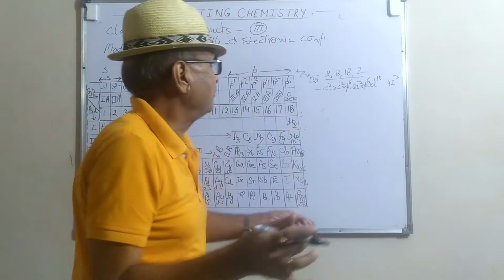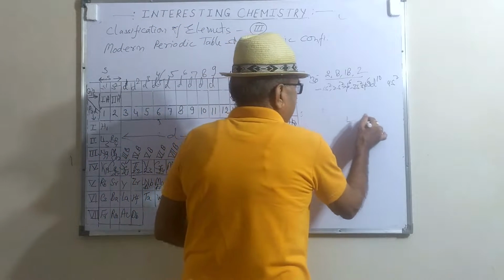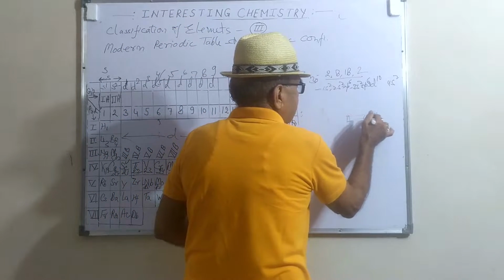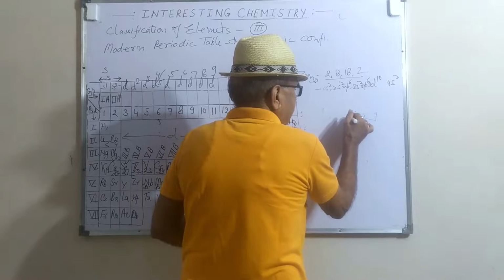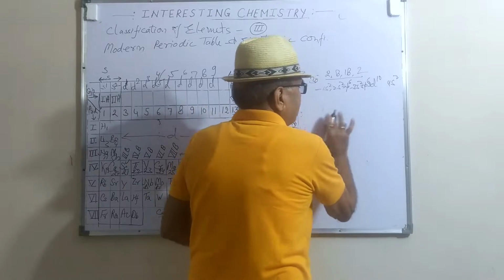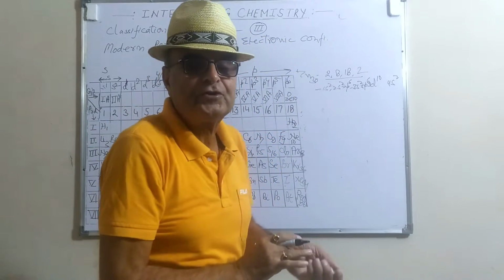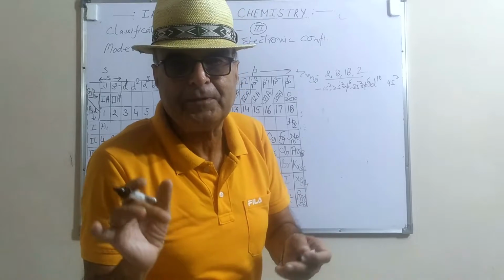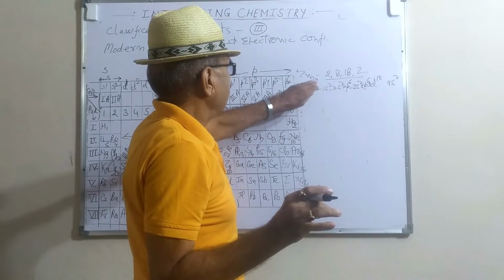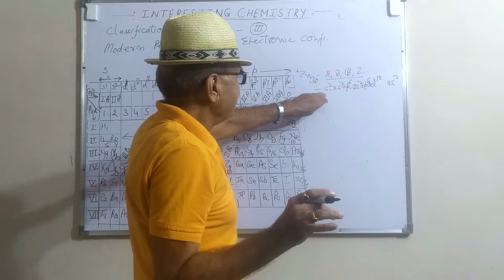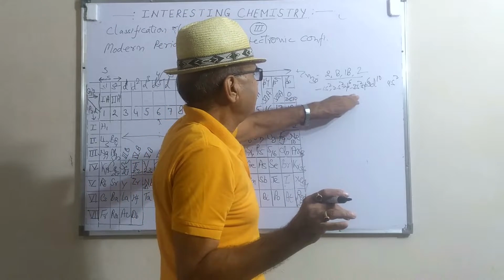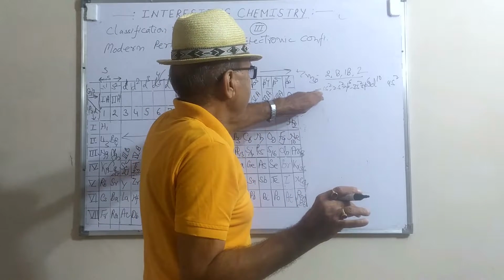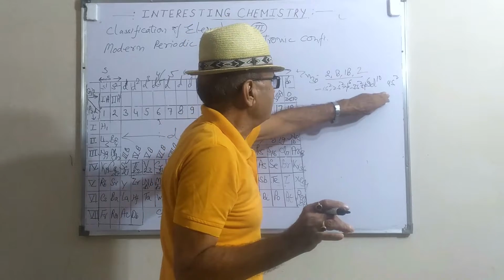And if you write px, py, pz, it is according to the orbital configuration of the element. So this is the electronic configuration of zinc.